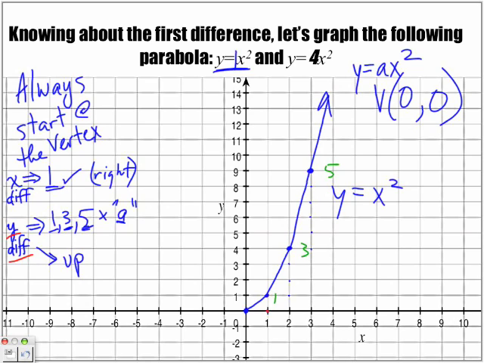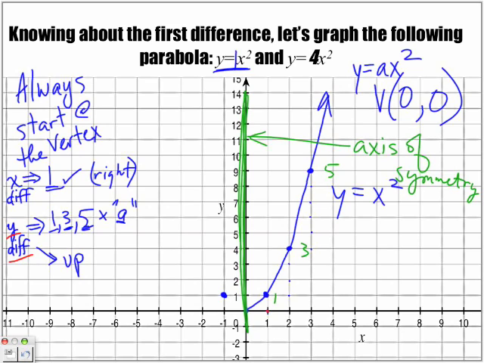Now, from the vertex, we said that there is this mirror. This mirror represents the axis of symmetry. Therefore, all we have to do to plot the next points is match the points. We have this point right here that I'm reinforcing, and it would appear right here.